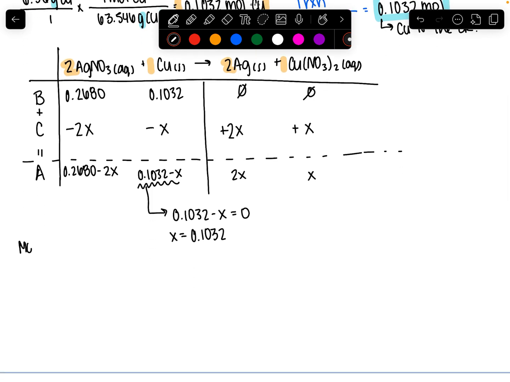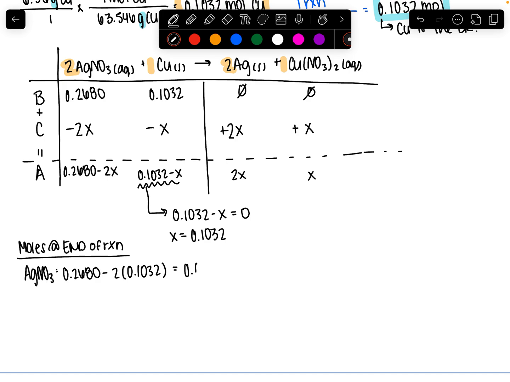So, moles at end of reaction. For my silver nitrate, I just simply plug in this x value, 0.1032, and that's going to tell me that at the end of this reaction, I'm going to end up with 0.0616 moles of AgNO3 left over.